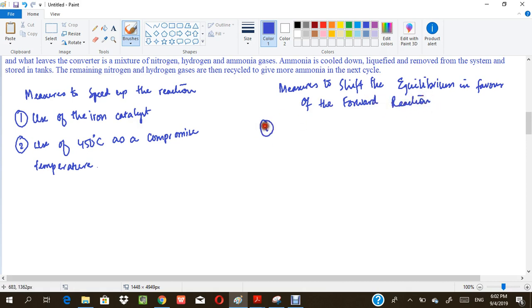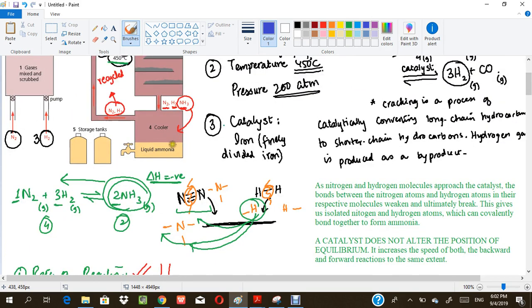The first thing that we do is use of a high pressure, that is 200 atmospheres. The second thing that we do to shift the equilibrium in favor of the forward reaction is that we keep removing ammonia that is formed.